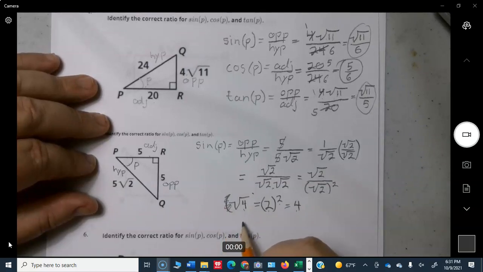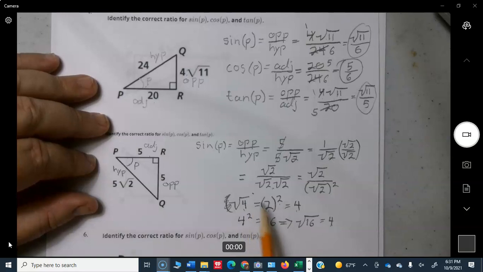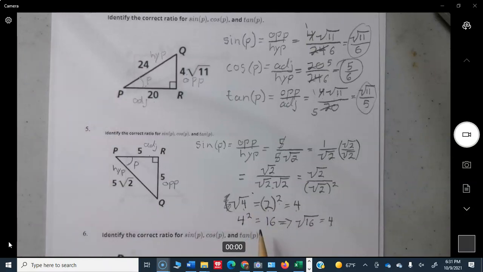Let's do it in the other direction. What does 4 squared equal? It equals 16. If I then take the square root of 16, it gets me back to 4. So I started with 4, and I got back to 4. The square and square root are called inverses of each other. They undo each other.